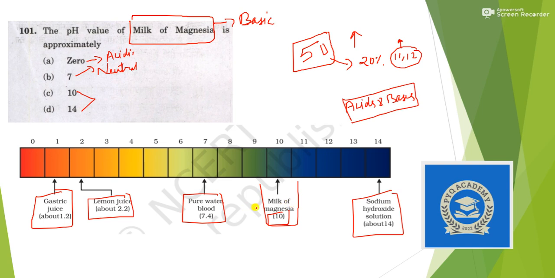Any other question means you must be thinking how many acids or bases we should remember. Don't be so concerned about this. Just remember these things because UPSC is only concerned about what is given in the NCERT.